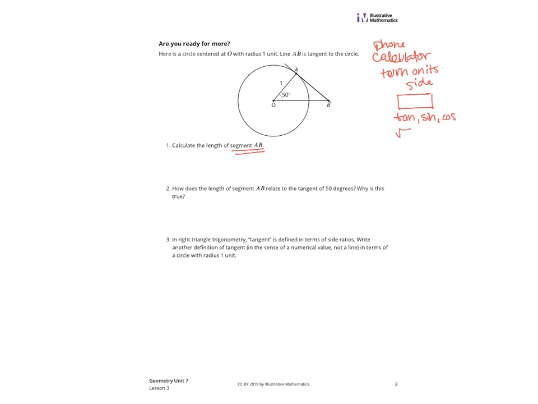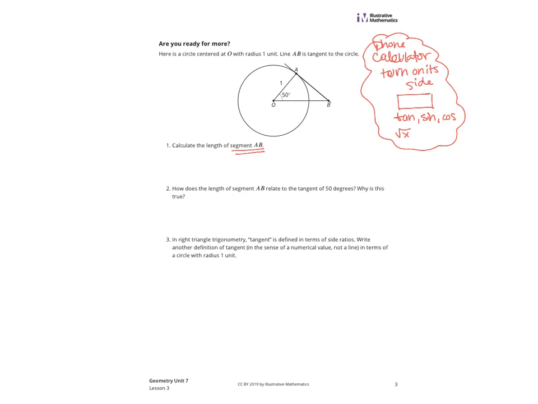You should also see the square root symbol, and we're going to be using that today in a problem as well. So if you don't happen to have a calculator at home, you should be able to use your phone calculator to access some of these functions that we need.